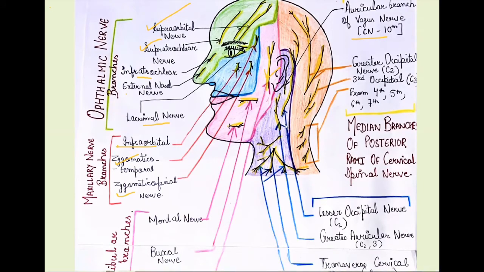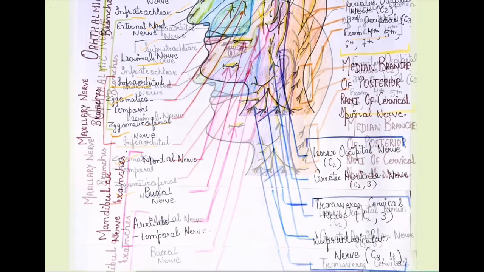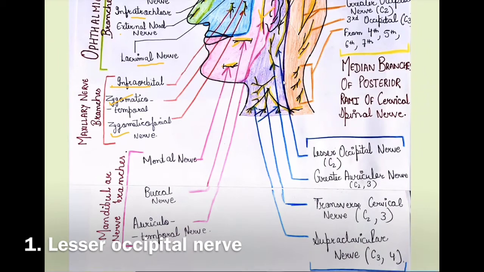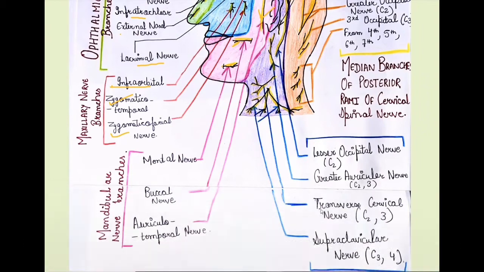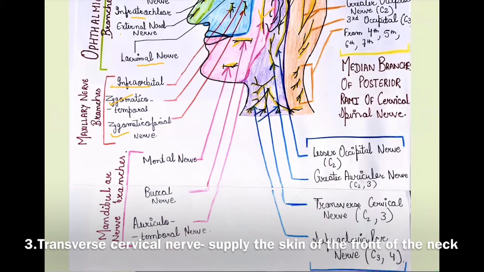Now the various nerves supplying this portion, going from this region upward, is your lesser occipital nerve, a branch of C2. Then this nerve is the greater auricular nerve, which is a branch of C2 and C3. The transverse cervical nerve supplies this area of your neck, right?